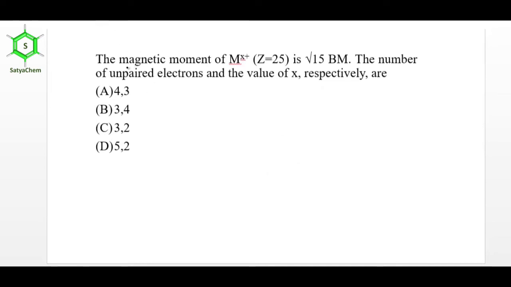The next problem: the magnetic moment of M to the power x plus, here Z equals 25, is root 15 Bohr magneton, and Bohr magneton is the unit of magnetic moment. The number of unpaired electrons and the value of x respectively are what you need to calculate. We know that magnetic moment can be expressed as root over n into n plus 2, equal to root 15.